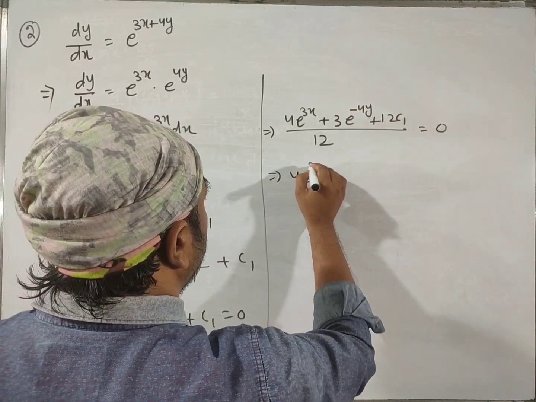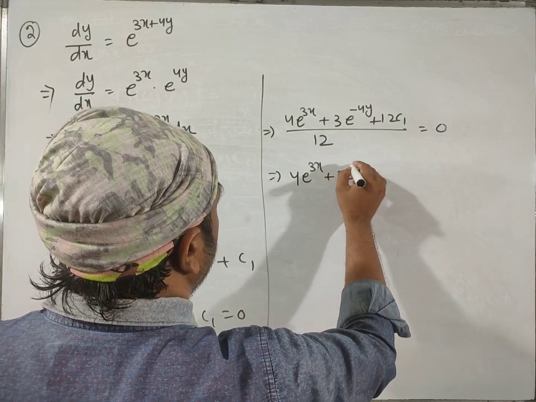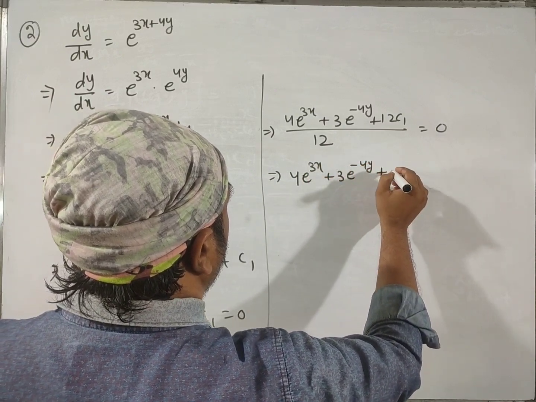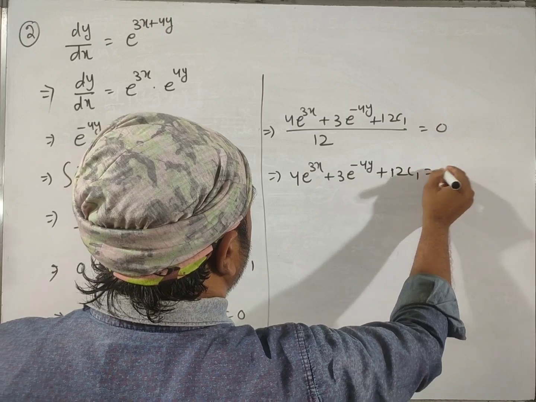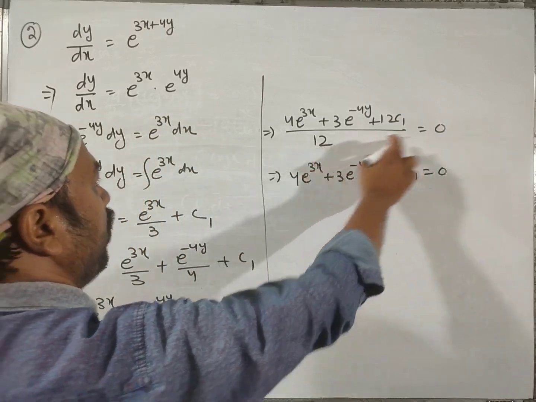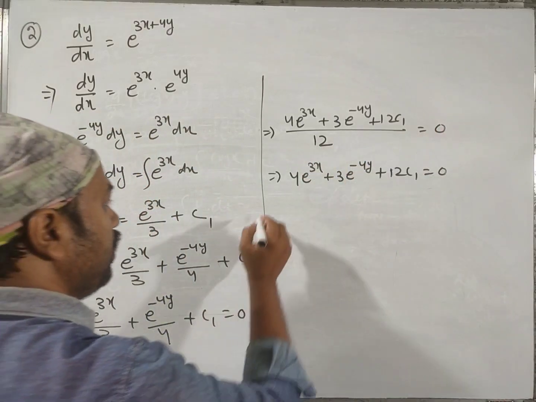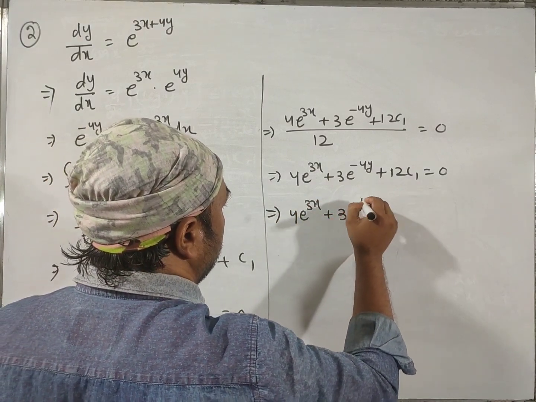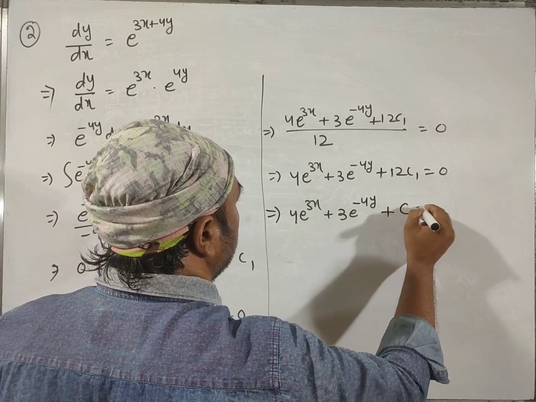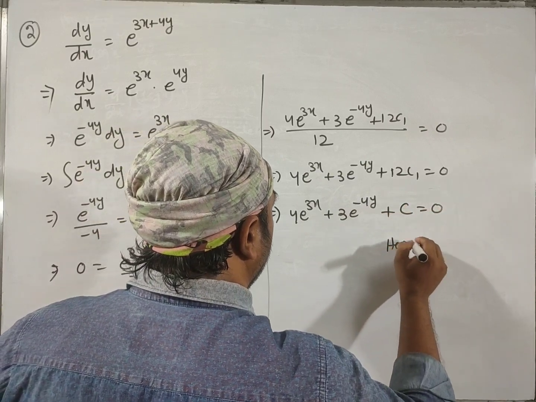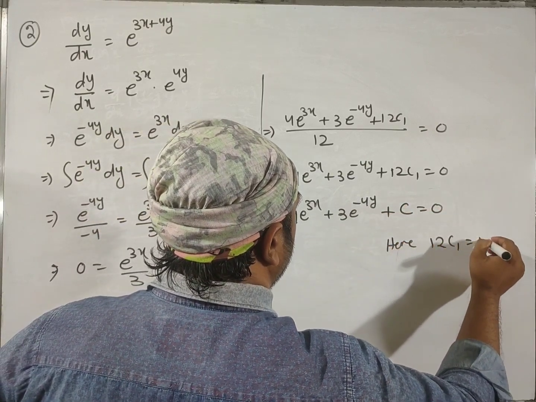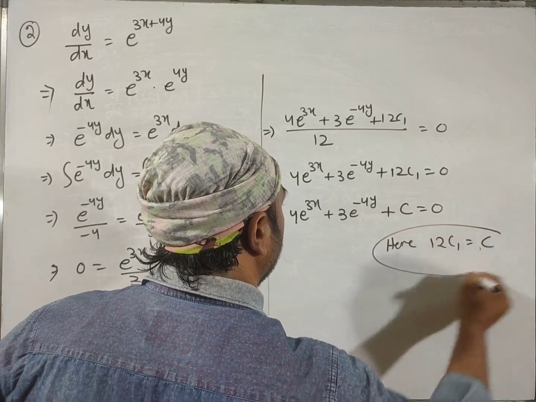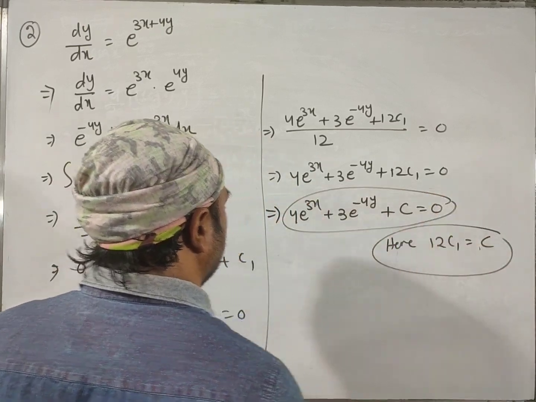Multiplying 12 with 0 as the cross multiplication, then it will be 4 e to the power 3x plus 3 e to the power minus 4y plus c is equal to 0. Here 12 c1 is equal to c, and this is the required solution.